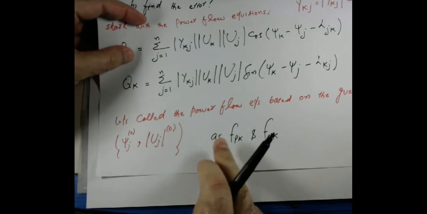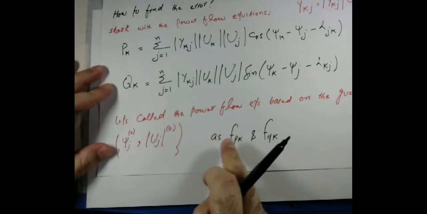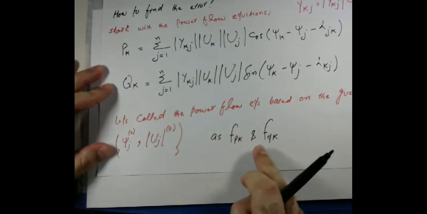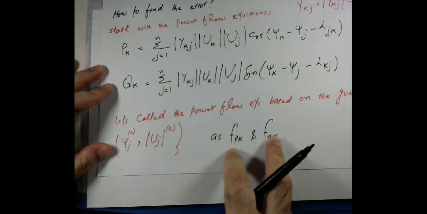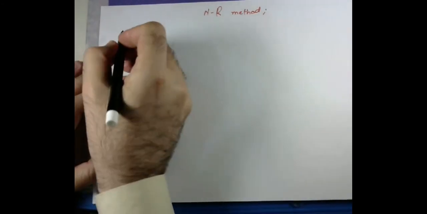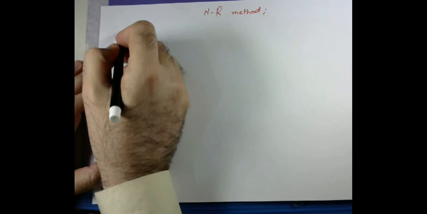Based on the guess, we write the power flow equations, and we represent them with these two symbols or notations, whatever you call it. So now let me write the expression for the FPK and FQK.